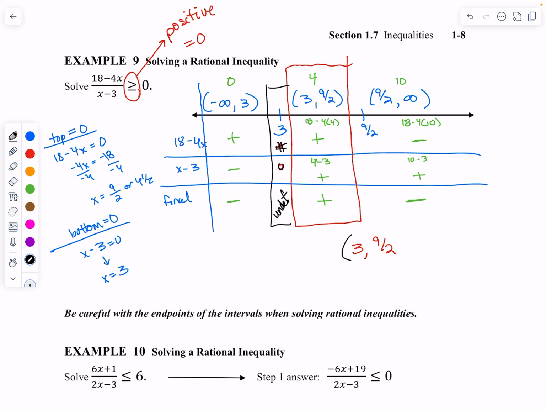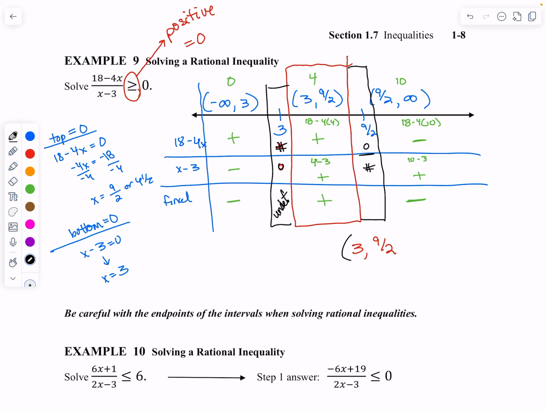Now let's plug in this guy, 4.5. Look up top: do you notice that I solved this and got 4.5? When it was equal to 0, I got 4.5, so that's going to be 0 on the top. Now I'm going to plug in 4.5 on the bottom. 4.5 minus 3, I don't really care what the number is, but I know it's a number.